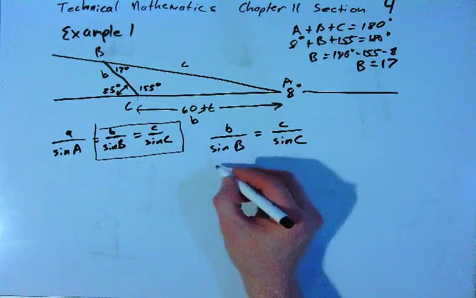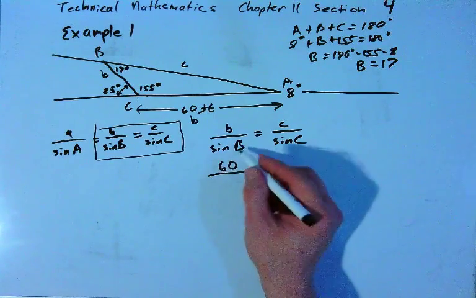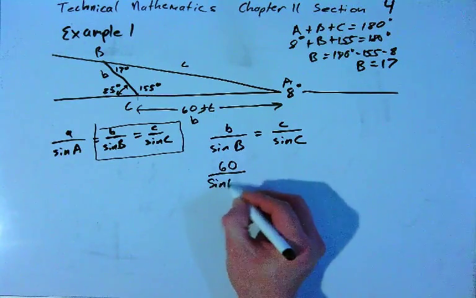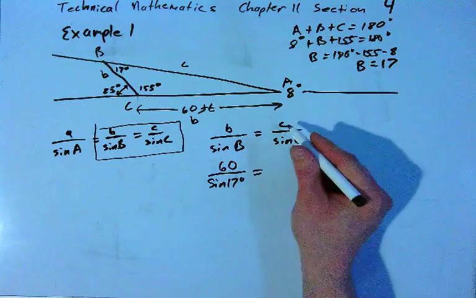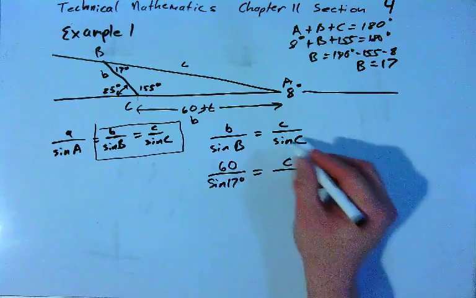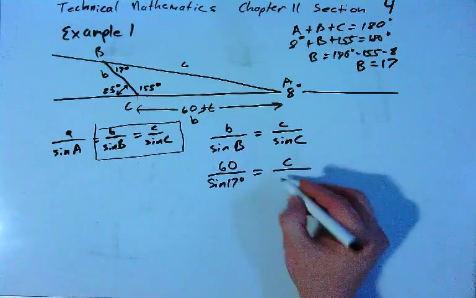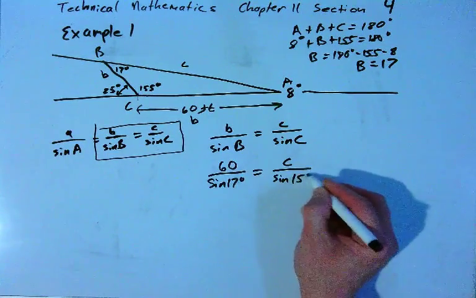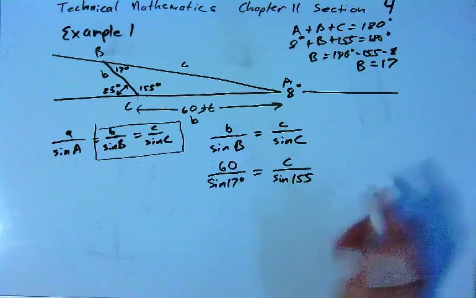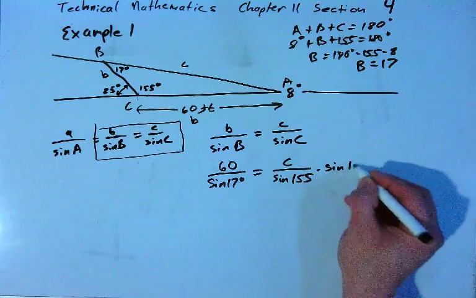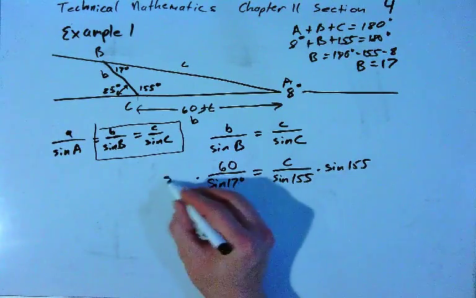So side B is 60 feet. The angle B is 17 degrees. Side C is what I'm looking for. And angle C is 155 degrees. Okay, we want to solve for C, so we'll multiply both sides by sine of 155.